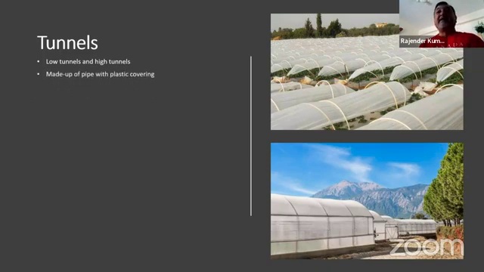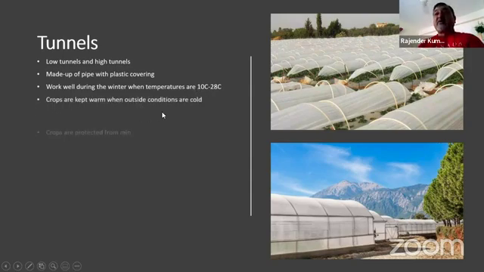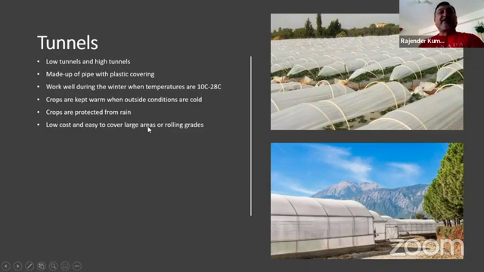They are made with pipe or PVC, and you have a plastic covering. It may be clear or opaque, depending upon where you are putting it. These tunnels are good during winter when temperatures are between 10 and 28 degrees. You can keep your crops warm, because outside during winter it is very cold, and you can protect against the rain also.